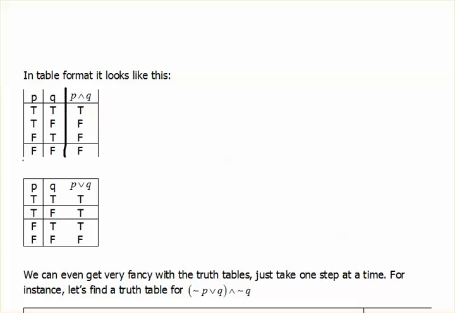If we look at this in table format, what we do is we list out P and Q representing some statement. Like saying, when I get off work tonight, I'm going to go to the grocery store. So going to the grocery store would be P. Q would be going to my parents'.